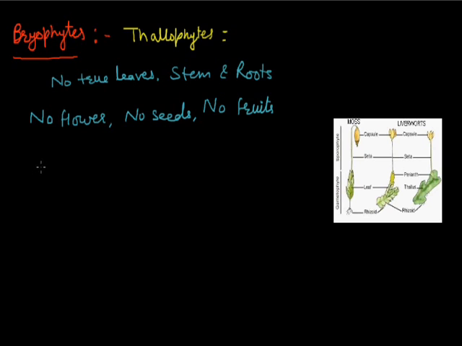In this category, the plants also do not have any xylem and phloem tissue. Xylem and phloem are the vascular or conductive tissue in the plant body. So there is no vascular tissue in these plants.